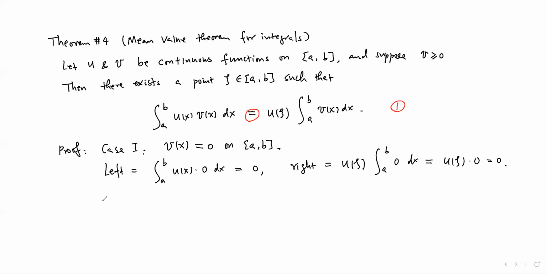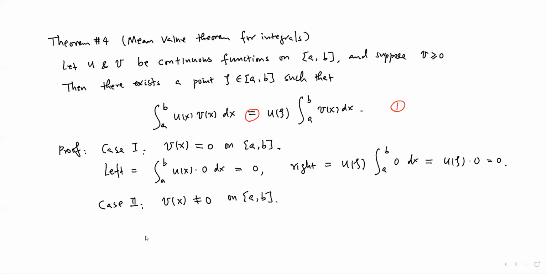Now second case. Case 2. Okay. V is not equal to 0 everywhere on the interval AB.